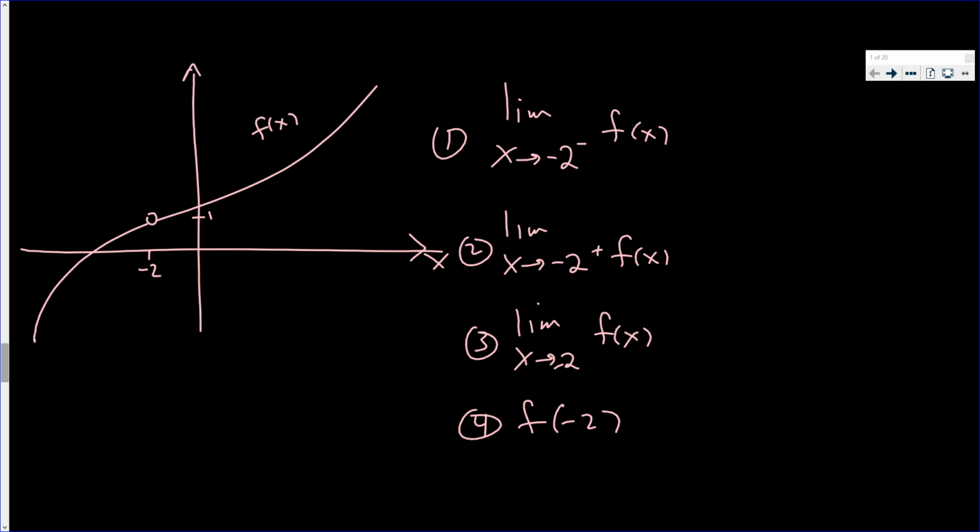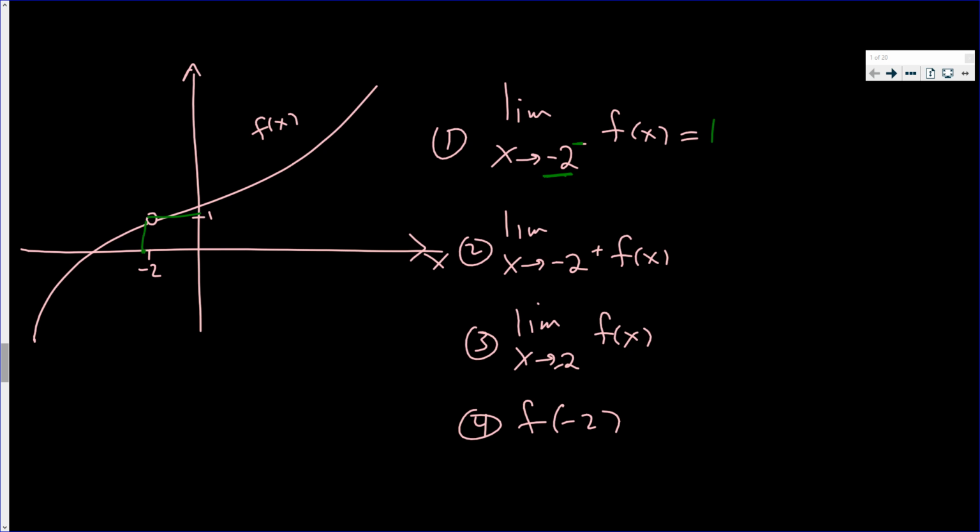First problem. What does this equal? What happens when I'm not at -2, but I'm a little bit to the left of -2? I'm like right there. Well, the y value is going to be really close to 1.